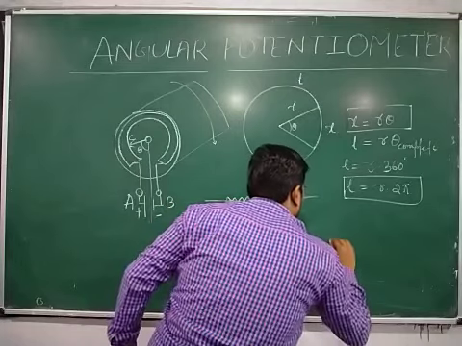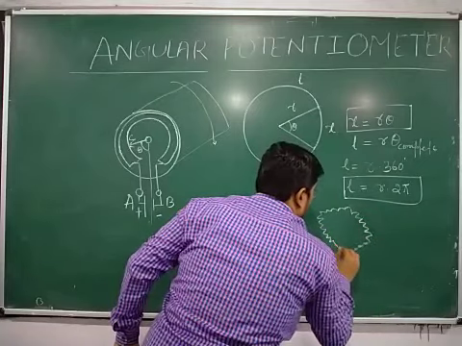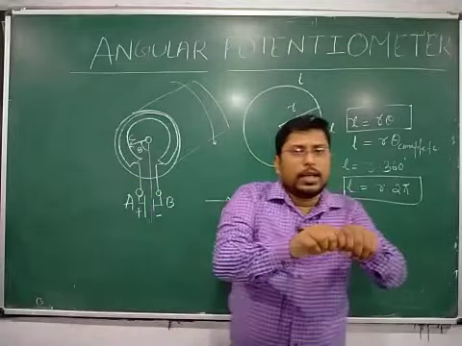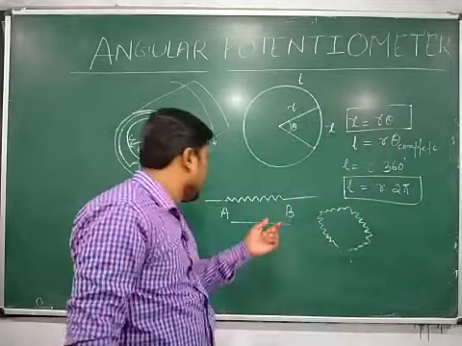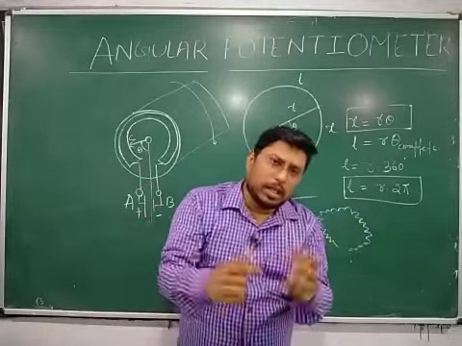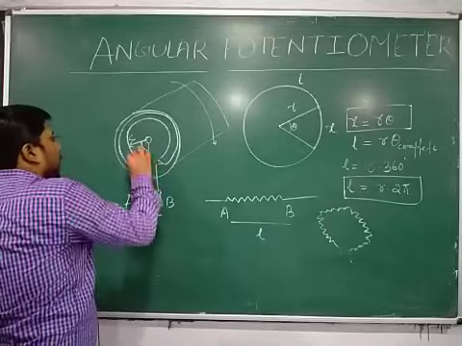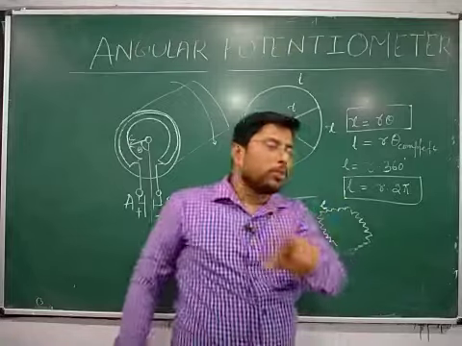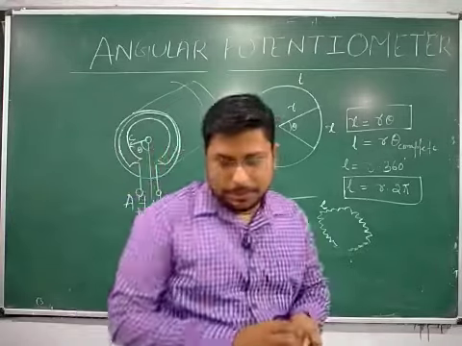It will look like this. If we turn it, will its length change? No, the length will not change. Means in the linear potentiometer the length of the resistive wire is L. If I turn this wire, the length will be the same, that is L. So the length will also be L. Our aim is to find the angle turned in the circular shaft. Okay, now look here.